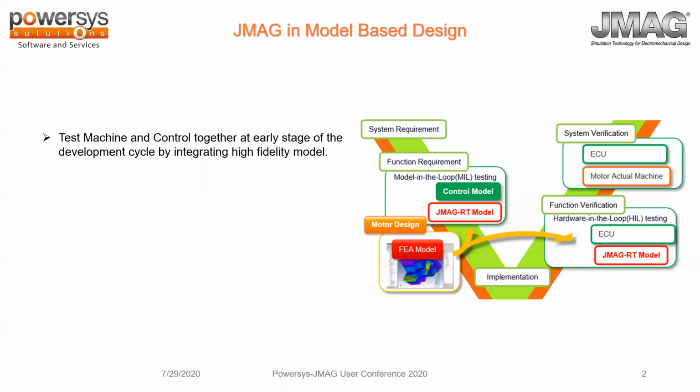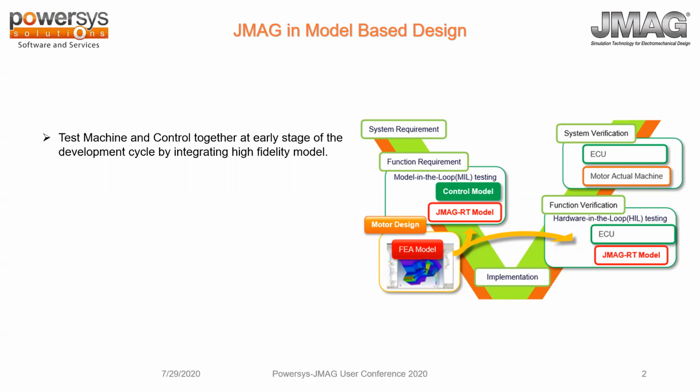We very well know that it has become extremely important to achieve reliable design right from the initial stage. So basically testing machine and control together at an early stage of the development cycle by integrating a high fidelity model, which is our solution, which is our Jmag Rt.